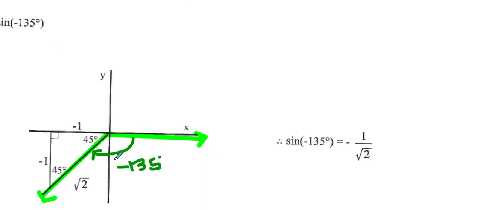And if this is negative 135, remember, our related acute angle is always the angle formed between the terminal arm and the x-axis. Doesn't matter what side of the x-axis. So our related acute angle this time is going to be 45. And that tells us that we're going to use the 45, 45, 90 triangle.